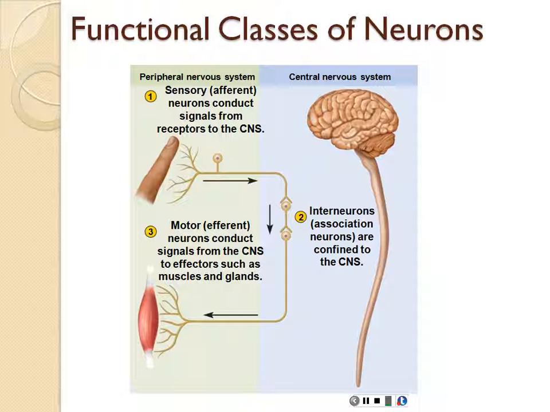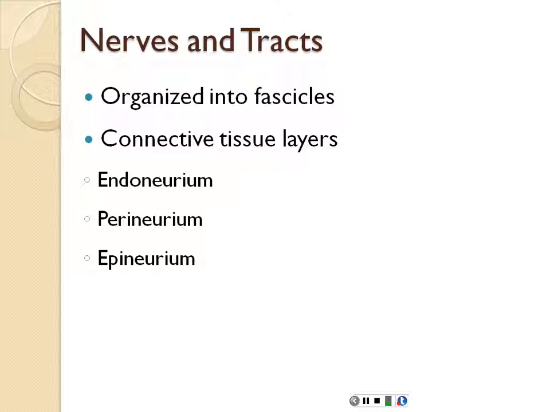So you can see that a sensory neuron is in both the PNS and CNS. Part of the neuron is in the PNS, and the other part is in the CNS. Interneurons stay where? In the CNS, so that second neuron is only in the blue part. And then this third neuron, part of it is in the CNS and the other part is in the PNS. So that's sensory neurons, motor neurons, and interneurons.